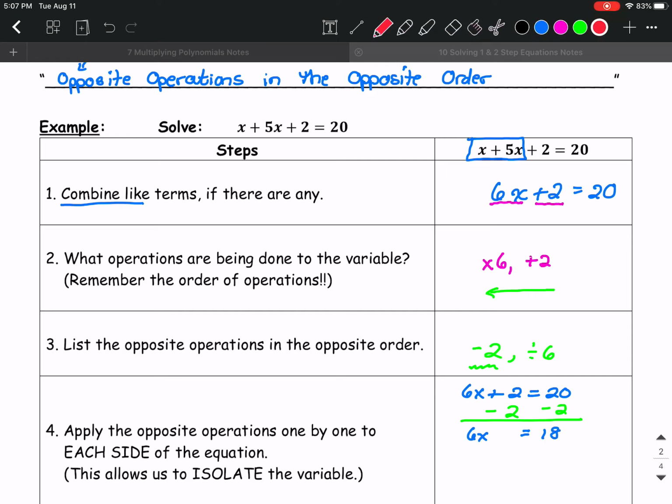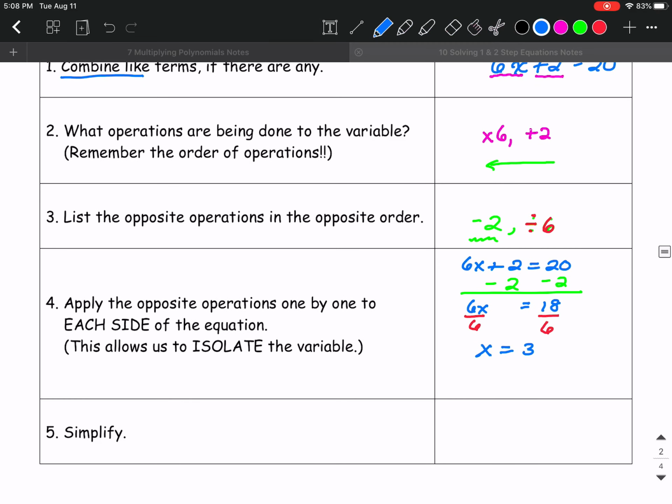The next thing I'm going to do is that next opposite operation in the opposite order, which is divide by 6. So I'm going to divide both sides by 6. And when I do that, 6x divided by 6, those 6's cancel out, and I just get x. And 18 divided by 6 is 3. And lo and behold, we have our answer, x equals 3.